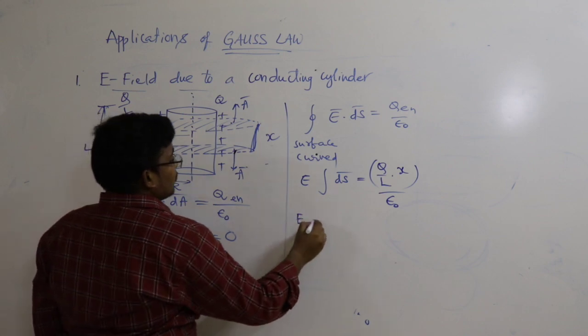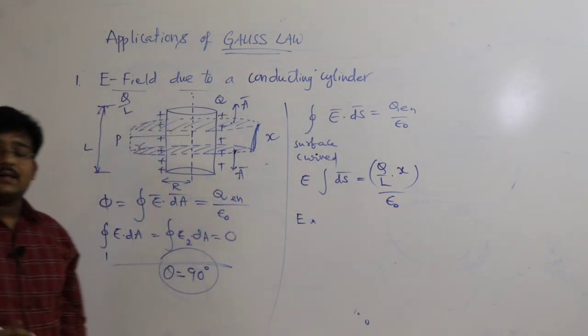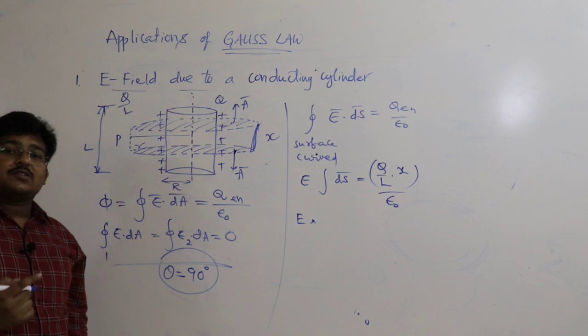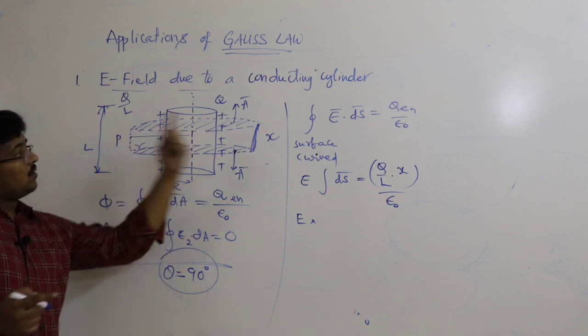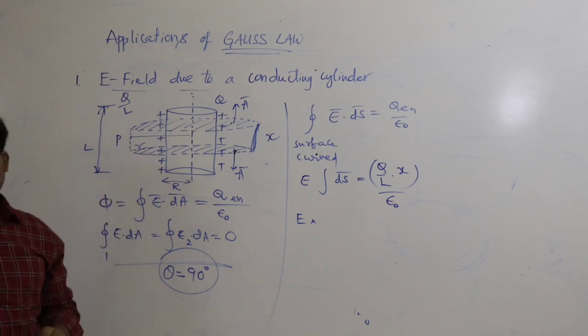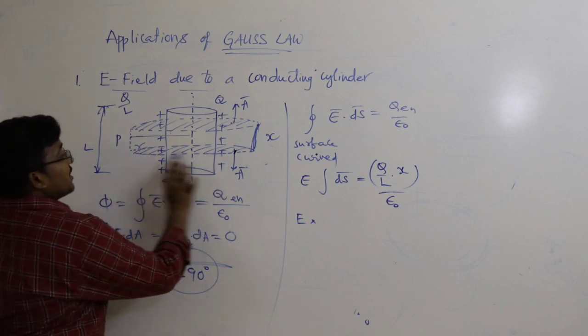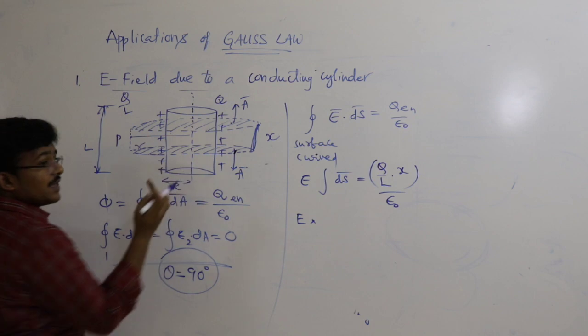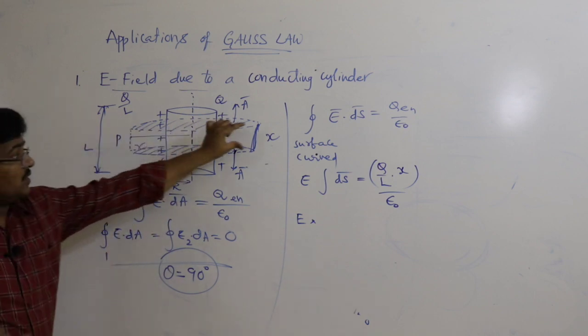Now capital E into dS. dS means surface area, so the integration of this area. Now what is the Gauss surface area? As it is a cylinder, you can say a number of circles are there. Each circle length is 2 pi r and the distance is x.